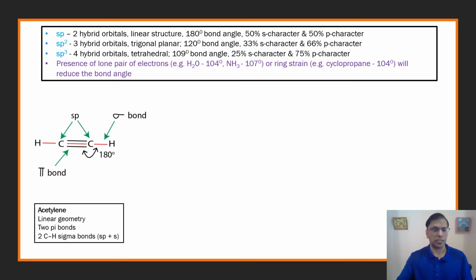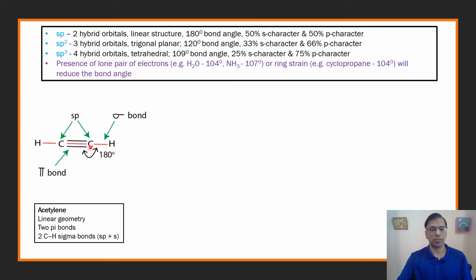So let's consider a simple molecule like acetylene. It has a linear geometry. The reason is it has two sp hybridized carbon atoms, and each carbon atom is bonded to a hydrogen atom. So the sp orbital of the carbon atom overlaps with the s orbital of the hydrogen atom to make a sigma bond.